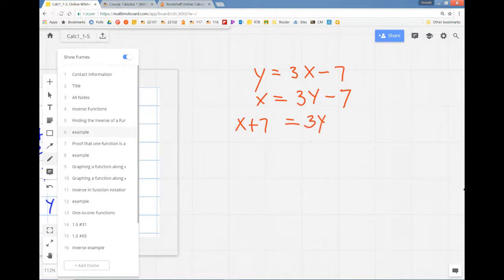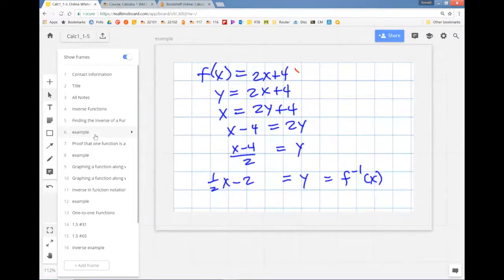Divide both sides by 3. And there is your inverse. This -1 exponent is sometimes used to represent inverse. A -1 power actually means reciprocal, and that's not always a perfect match, but that is the notation used for an inverse. So let's head back over here.